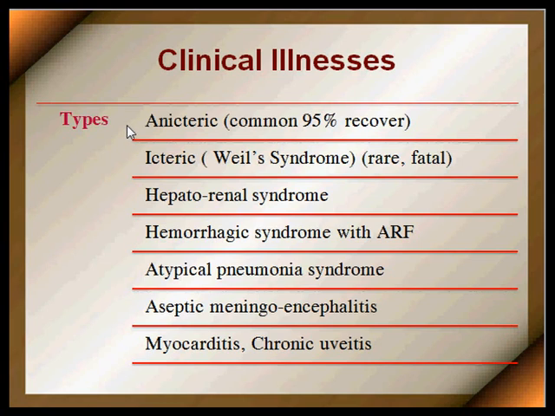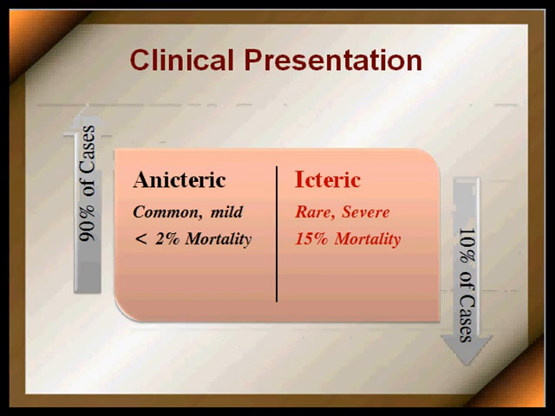The commonest presentation is anicteric leptospiral fever, which is very mild in nature, and recovery is the rule. This diagram further emphasizes the two types of presentation, anicteric and icteric. 90% of the cases of leptospirosis are anicteric.